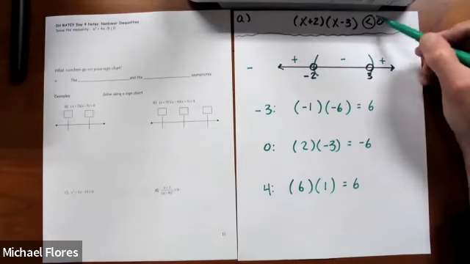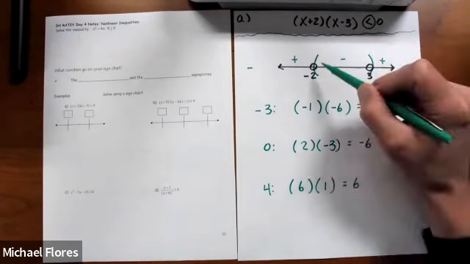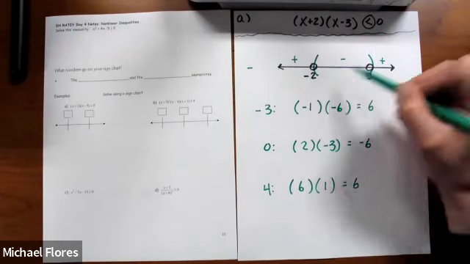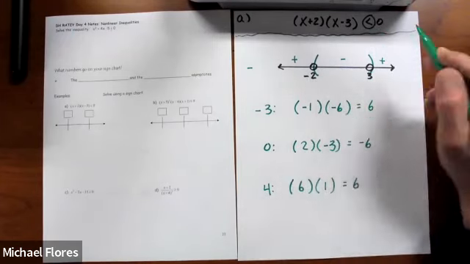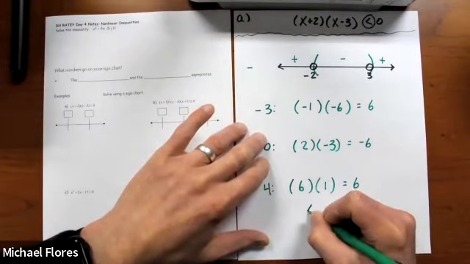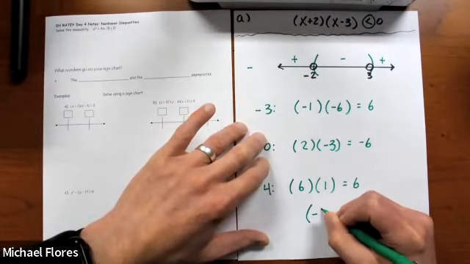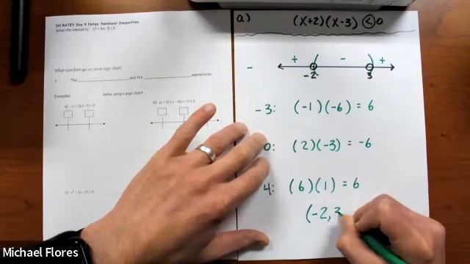Now, since it's less than and we don't see an equal to sign, also notice that I use open circles here. That means it cannot include -2 and it cannot include 3. So in interval notation, we're going to need to use parentheses now. That's where this one's going to be a little bit different.